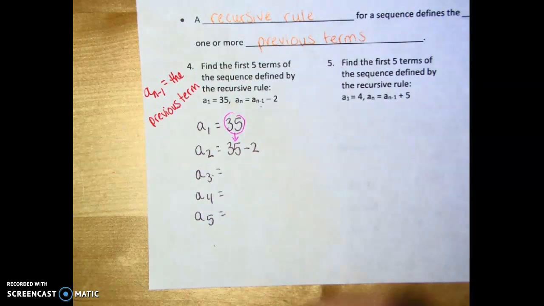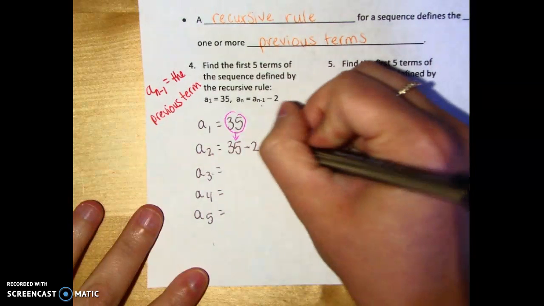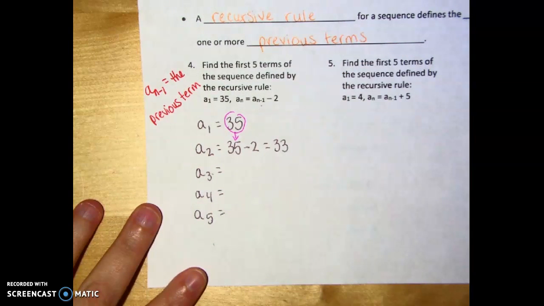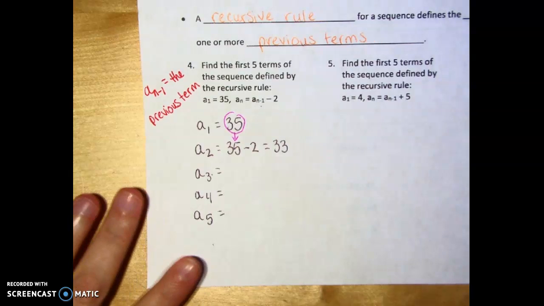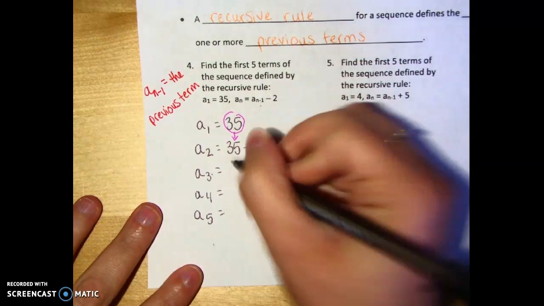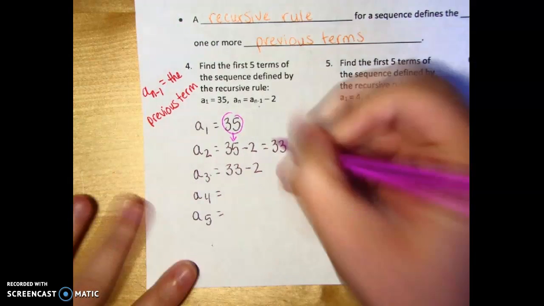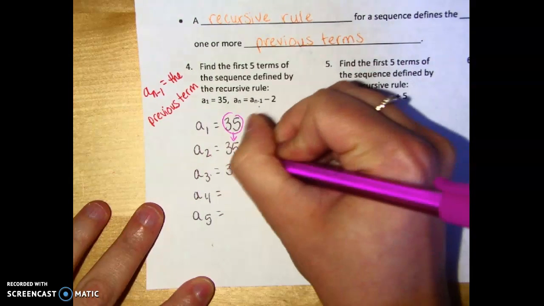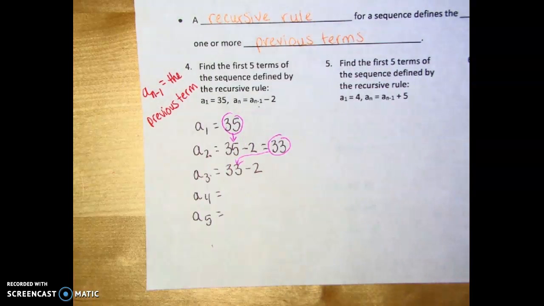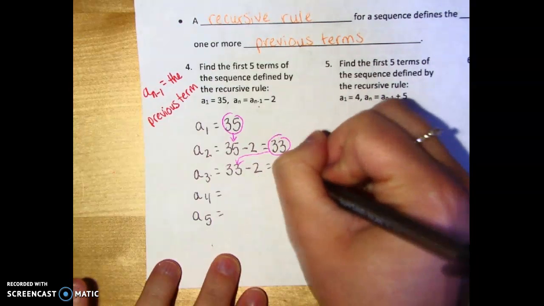Okay, so 35 minus 2 is 33. Now for a sub 3, I take this answer and I plug it in. So 33 minus 2, and I got that from right there. 33 minus 2 is 31.